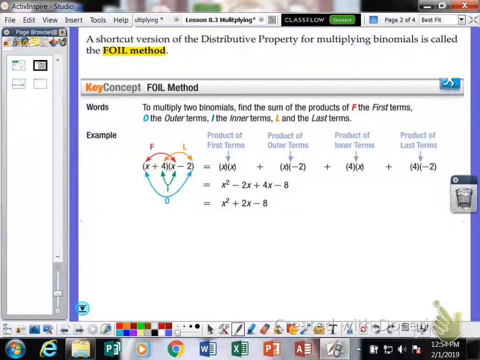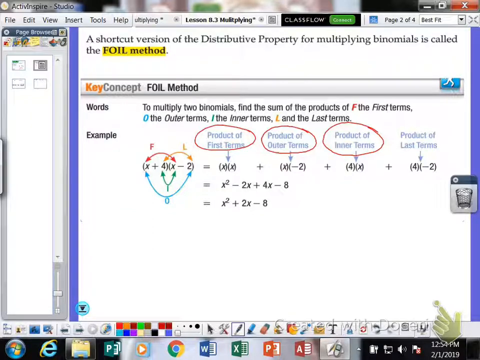F is multiplying x times x, and then we have the product of the first terms here. And then O is x times -2. That would be your outer terms. Then our inner terms, which is 4 times x, that would be here.